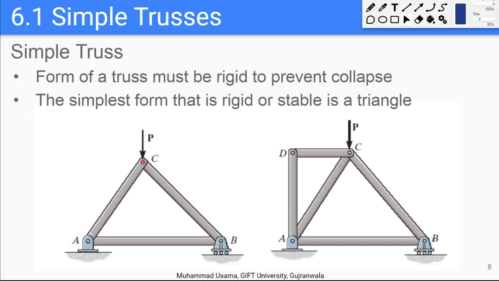So the simplest rigid truss would contain 3 members. This is the most simple, rigid and stable truss, and anytime we have more than 3 members, that would still be a stable and rigid truss system.